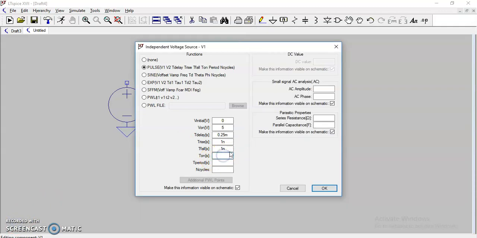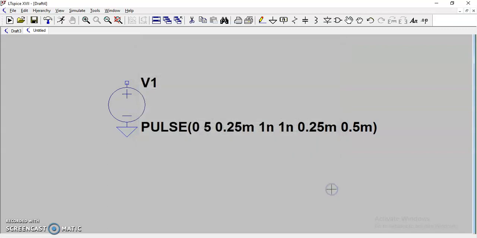So I will write here 0.25 millisecond, and the time period is 1 by 2000 Hertz, which is equal to 0.5 millisecond. You can write the number of cycles, but if you keep it blank, it will take an infinite number of cycles. Okay, click on OK.